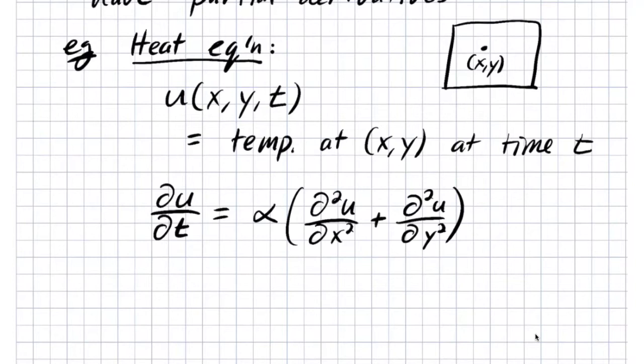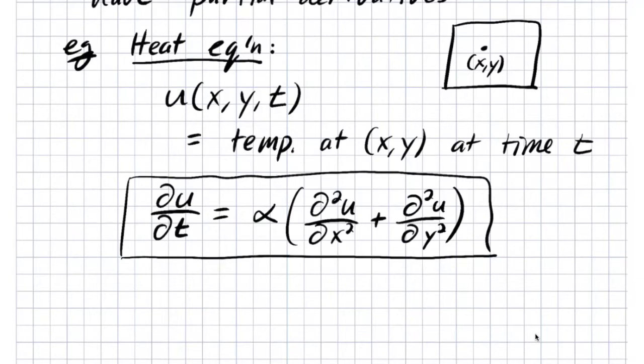If it's concave up, then I guess we're talking about it being cooler at this point and warmer all around it. So if it's concave down, then this point in the middle, which is hotter, is going to cool down. So this expression is saying that the temperature will cool down, and the rate at which it cools down is going to be proportional to this measure. All right, so this is the heat equation.